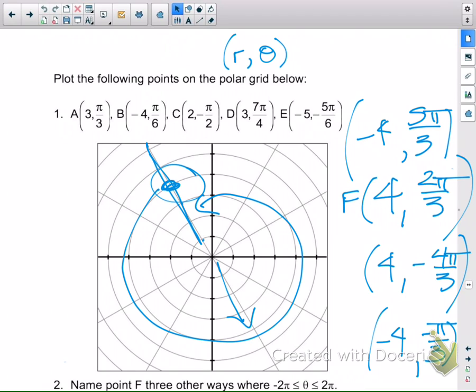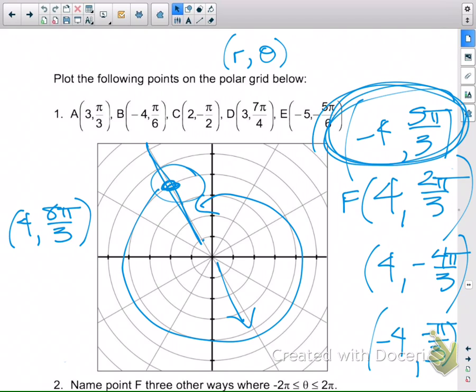Add 2 pi. So that's the same thing as 8 pi over 3. Which other one could I convert? I could convert this one as well. If I added 2 pi to 5 pi over 3, 11 pi over 3 and negative 4.